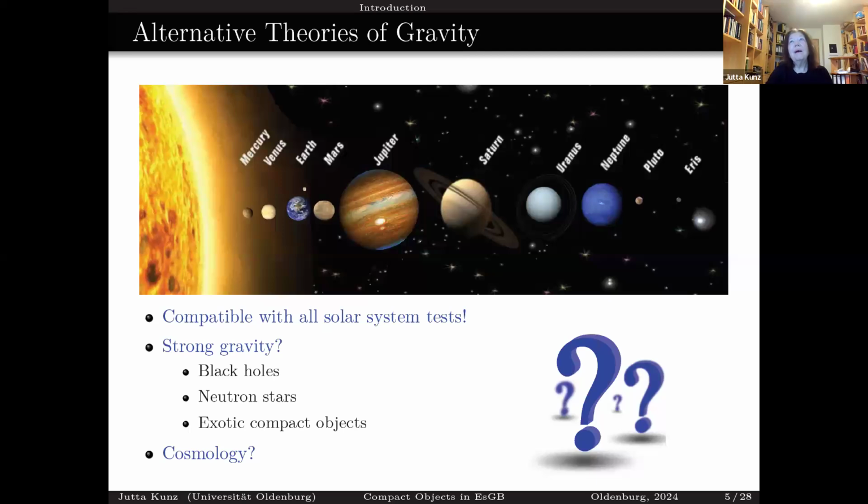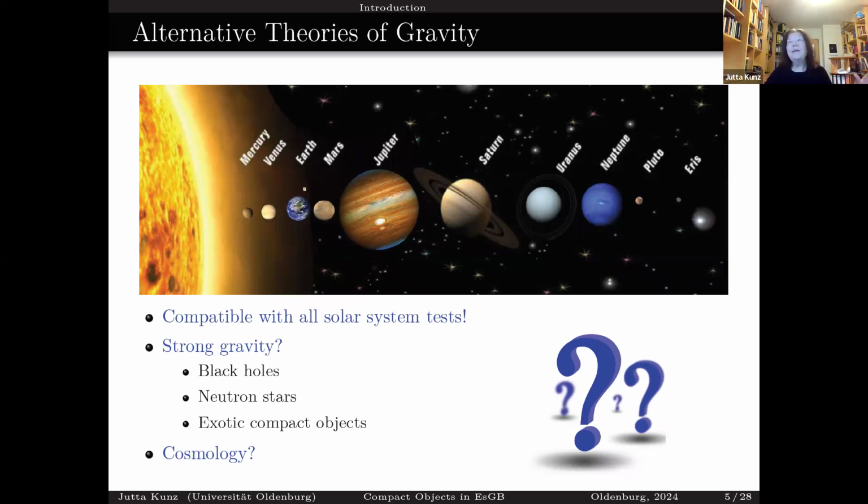Now, with all this data, we can certainly exclude a lot of gravity theories and constrain some. But some have very, very weak constraints only so far. And most constraints are then coming from the weak gravity regime, from the solar system.